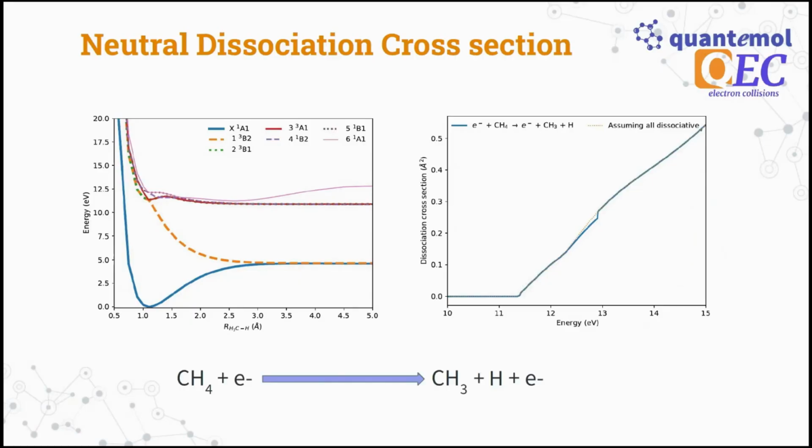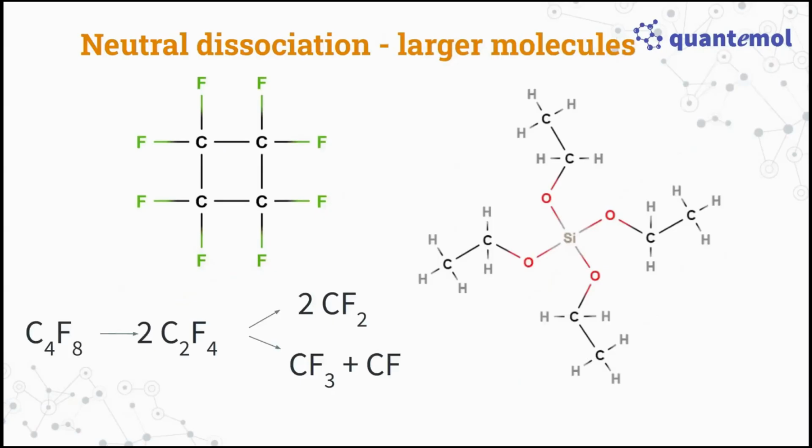So this is one of the more approximate methods of Quantemol, but approximate doesn't always just mean bad, but there are definitely some idealized scenarios that you can very quickly imagine where this assumption is perhaps a little bit stretched. So here I have 2 molecules, both of which are very common in plasma. We have C4F8, and we actually have some QDB global model data on this molecule for neutral dissociation.